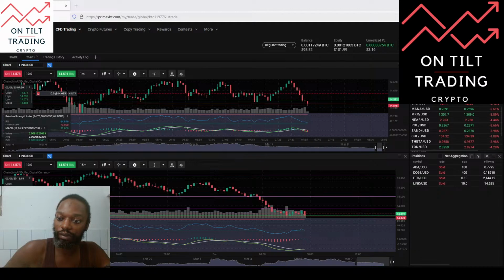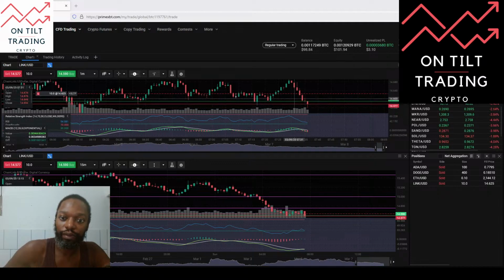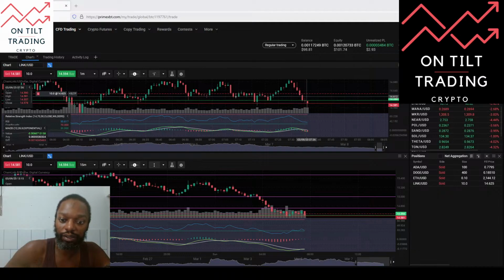If you'll look back over here at MACD, you'll see that we're probably weakening here. Here, this is when we went negative. So we're showing weakness here. So we could be preparing for another leg down after that pullback here.